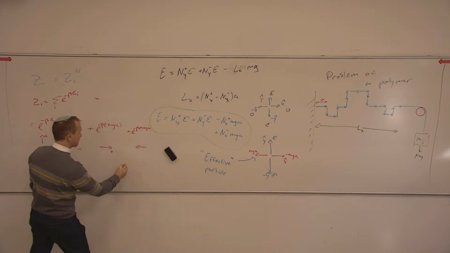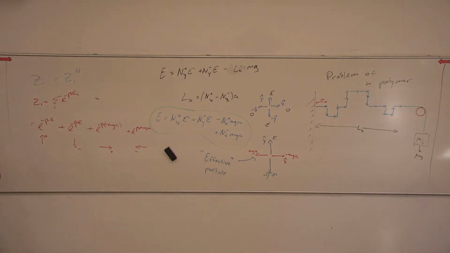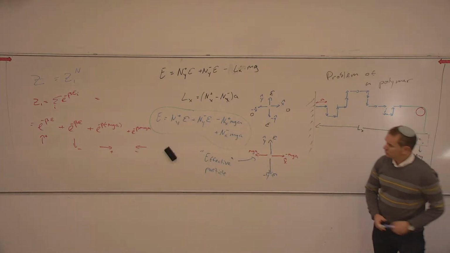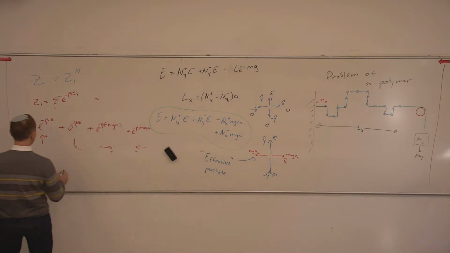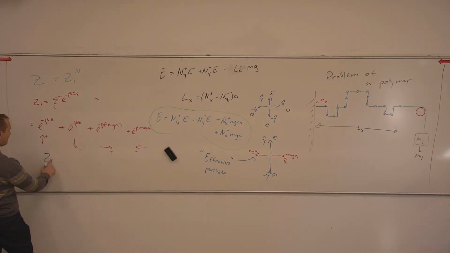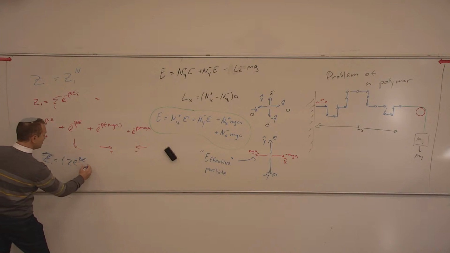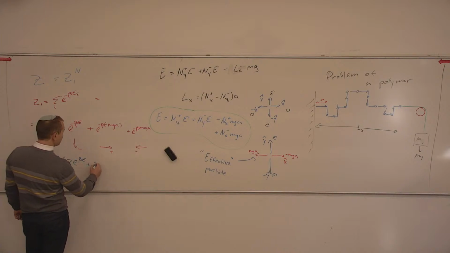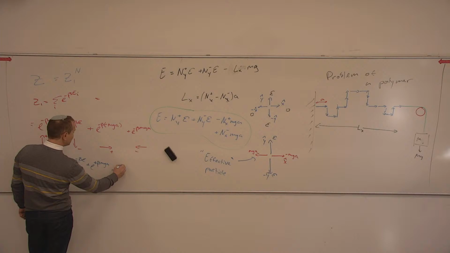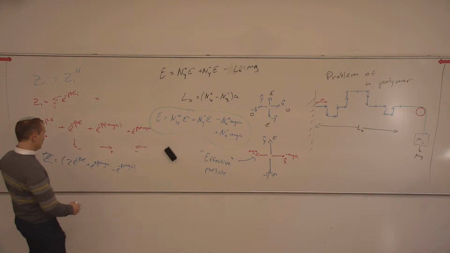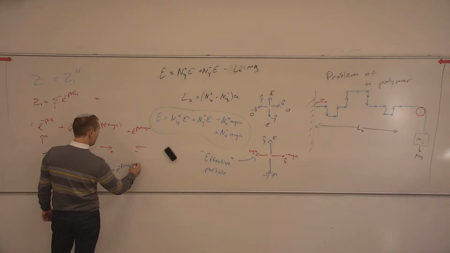This is the part associated with the state that is pointing to the left. So we obtain that Z1 is just the sum, so Z equals 2 e to the power minus beta epsilon plus e to the power plus beta mga plus e to the power minus beta mga, to the power n.